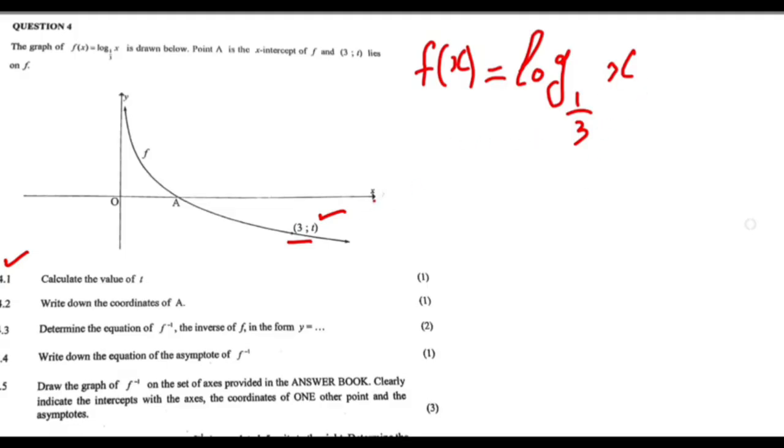We substitute 3 and t into this function to get the value of t. Now, y is equal to f of x, so this is x, this is y. So it's going to be t is equal to log.